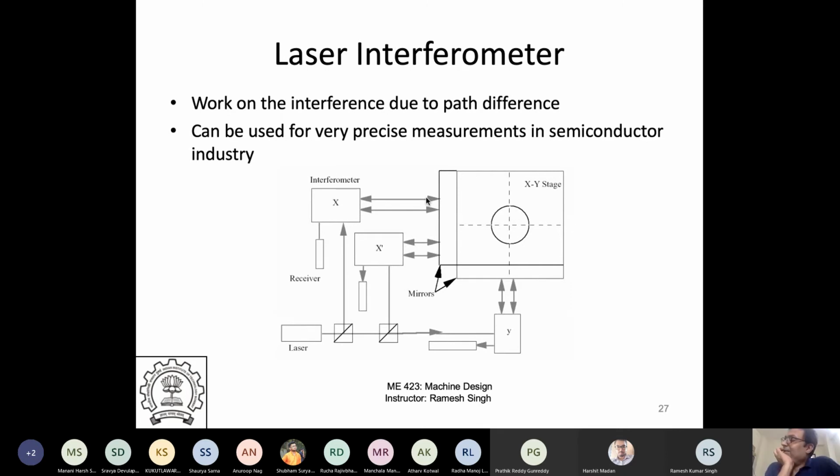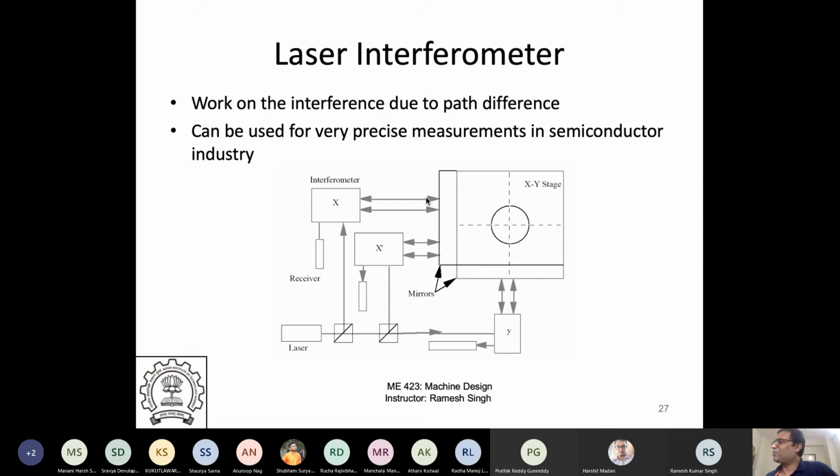So it should be basically a number of wavelengths. If multiple wavelengths, you will always have constructive interference. And what will happen in destructive? When will we have destructive? Path difference? N plus 0.5 lambda.